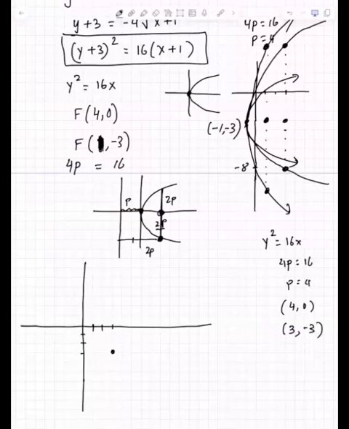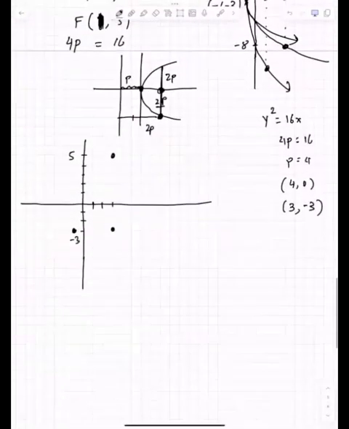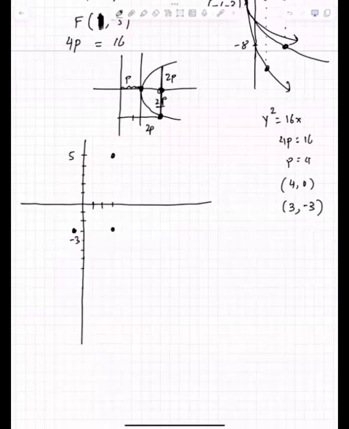The vertex was at 0, 0. So that will go at negative 1, negative 3. Okay. Now this is negative 3. We have to go 2p up. P is 4, so you're going to go 8 up, and go down 8.